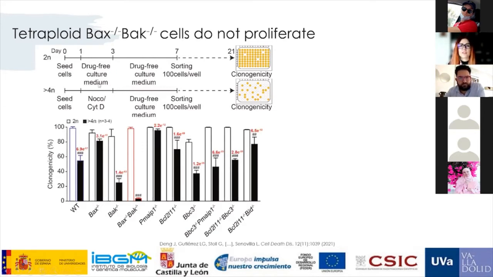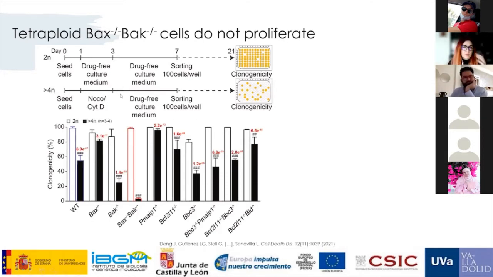In the case of tetraploid cells, we seed the cells, and after 24 hours, we treat with nocodazole or cytochalasin D. All the results that I will show you here are with nocodazole, because I didn't want to put all the results that are in the paper, just an example.